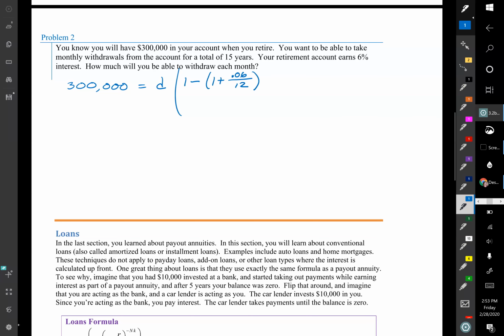And then next, we have to put our exponent in. We're raising that to the negative 15 times 12. And then we can put another big parenthesis, all divided by 0.06 over 12.